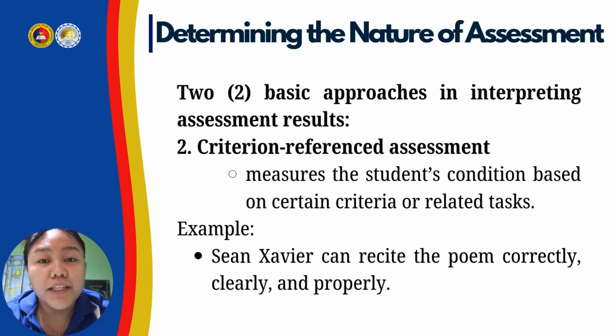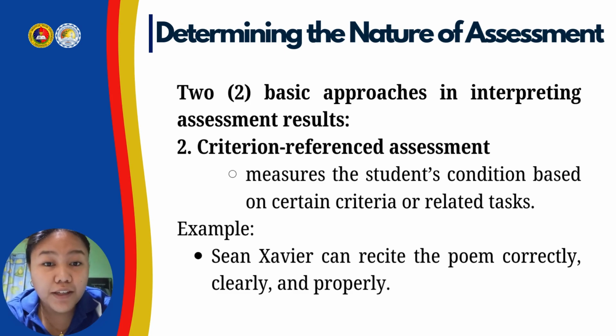However, if we go to the second approach in interpreting assessment results, we have the criterion reference assessment, which measures the student's condition based on a certain criteria. So an example would be Sean Xavier can recite the poem, di ba? Clearly, properly, and all that.